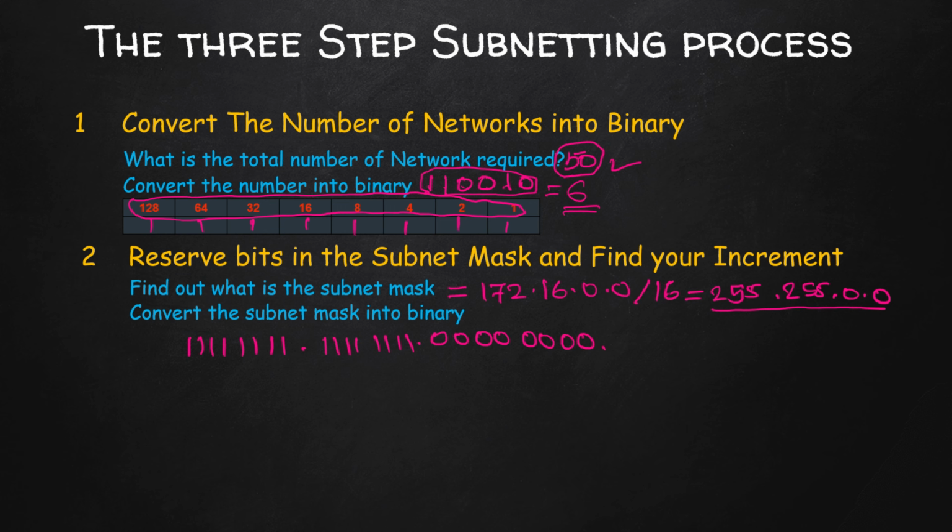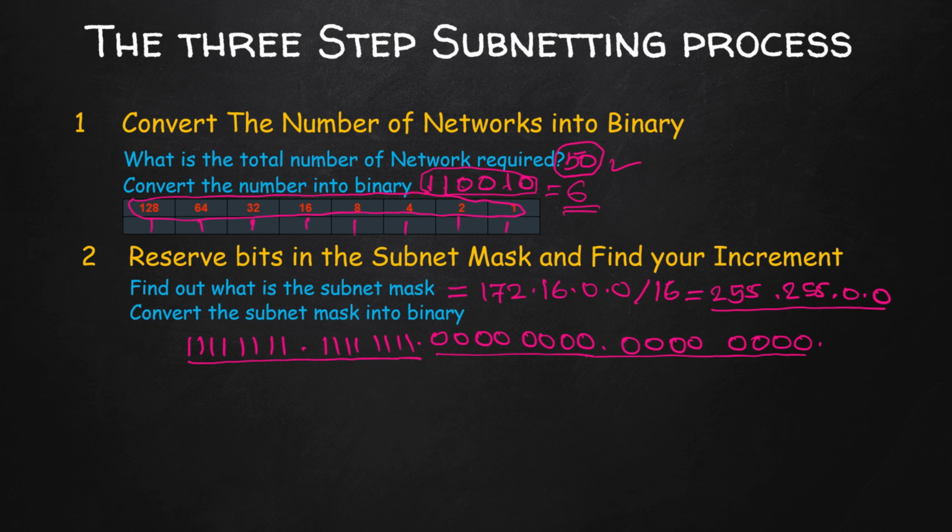Then again 0, that is 0 0 0 0 0 0 0 0. So this is the binary conversion of the subnet mask 255.255.0.0. Now in this subnet mask you can see the portion that contains 1s indicates the network portion, and the portion which contains only 0s indicates the host portion.